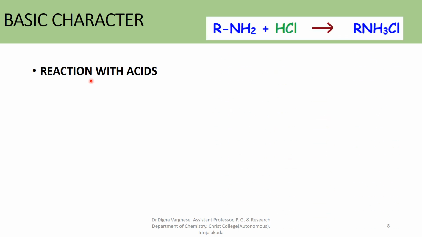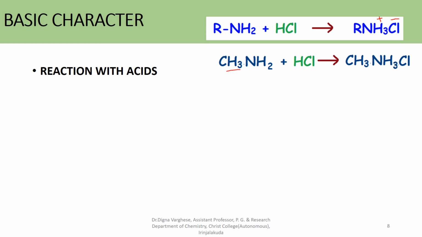So here is the general representation of an amine reacting with hydrochloric acid and forming RNH3 plus Cl minus. So methylamine reacts with HCl and forms CH3NH3 plus Cl minus.